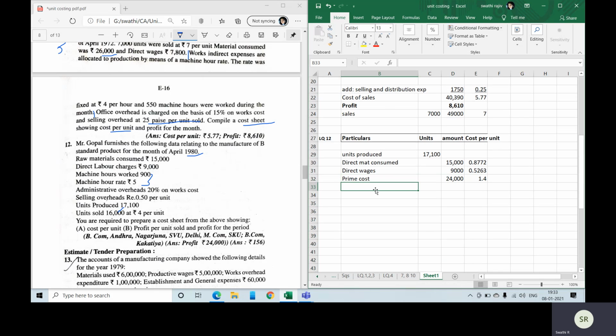Right. Now next one, after prime cost I have to add my factory overheads. So how do I add my factory overheads? Machine hour rate is given to us. So the number of units worked is going to be 900 into 5.